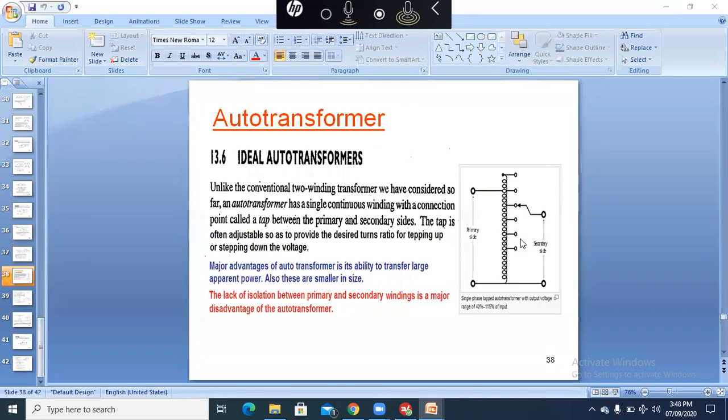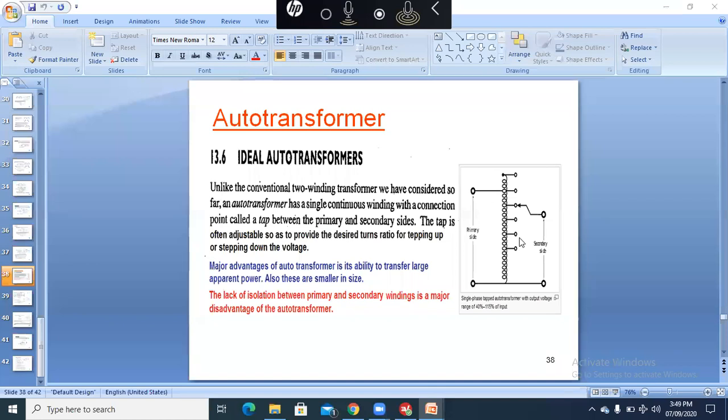If there are more turns on the secondary side, it means there is more voltage across the secondary side. And if there are fewer turns, it means there is less voltage at the secondary side. So sometimes we need to step up the voltage and sometimes we need to step down the voltage.